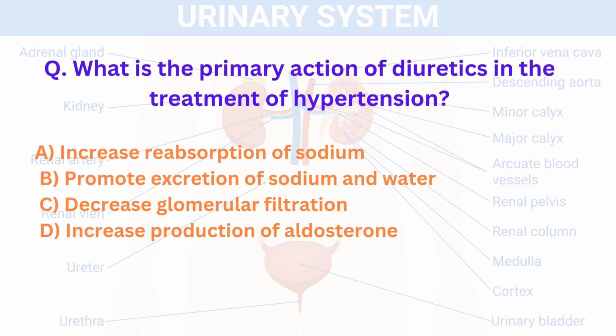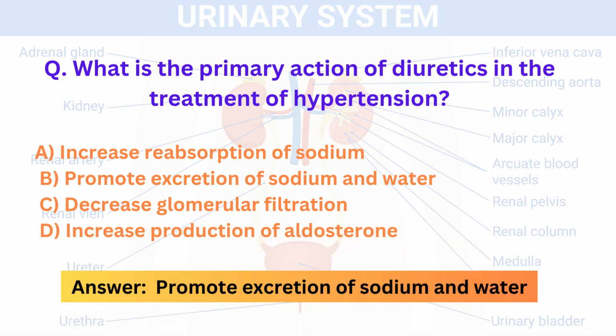Then increase the production of aldosterone. Diuretics generally work by decreasing aldosterone or blocking its production or its effects to promote fluid loss. Hence, here the correct answer is diuretics promote excretion of sodium and water. That is the primary function of diuretics.